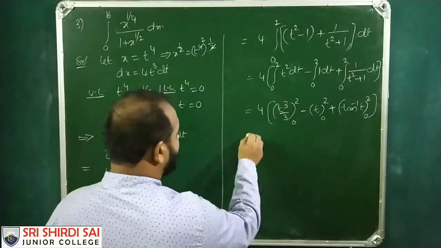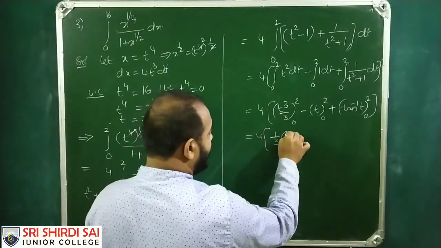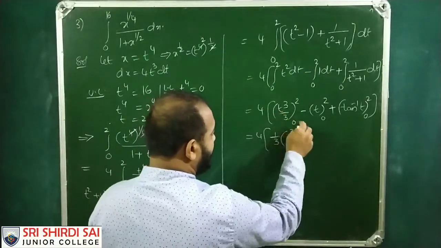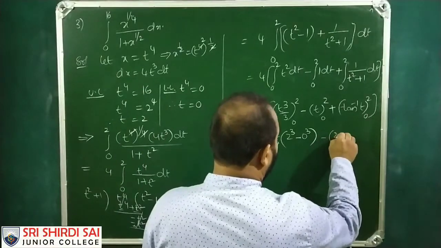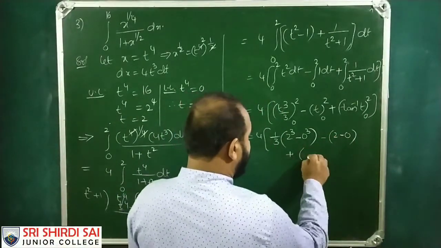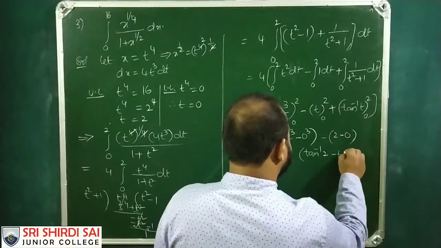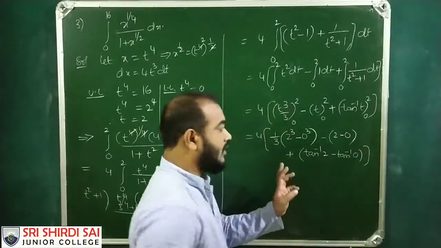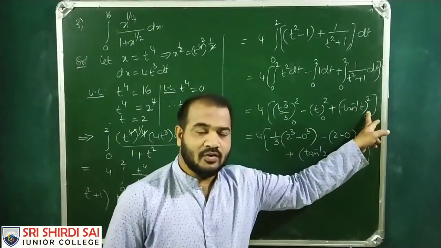So 4 times 1 by 3, t cube is 2 cube minus t cube is 0 cube. Upper limit minus lower limit is over. Minus of 2 minus 0 plus tan inverse 2 minus tan inverse 0. Simply I am substituting upper limit minus lower limit wherever you find t.